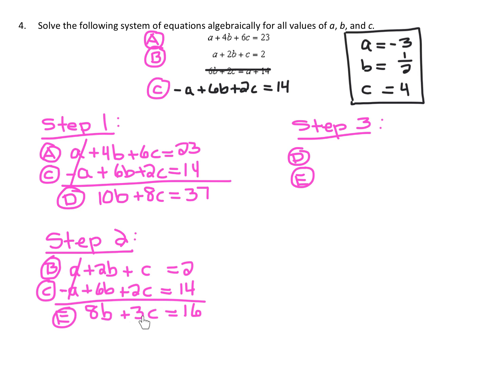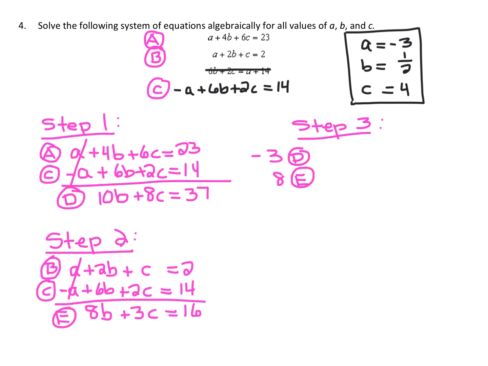So I can multiply this by negative 8. What you could really do is see this number right here in front of the C in equation E. Just put it right here in front of equation D. And see this number right here in front of the C in equation D. Just take that number and put it in front of equation E. And then just make one of them negative. I think I said I was going to make that one.